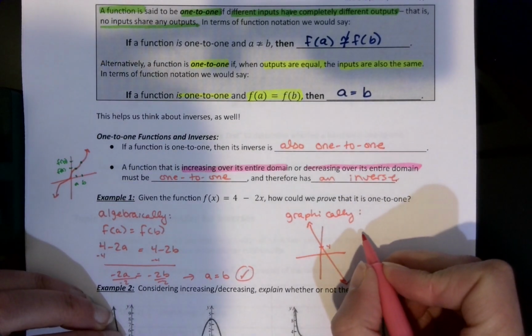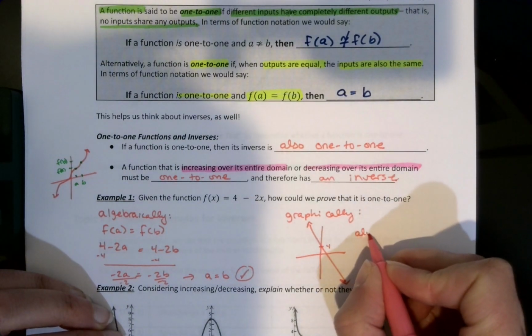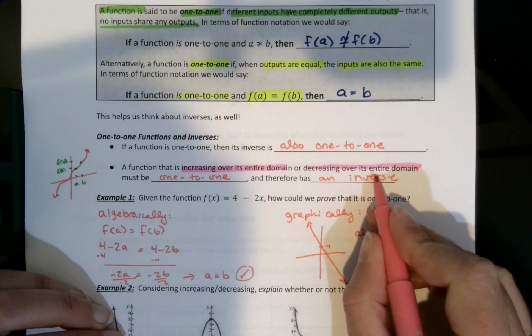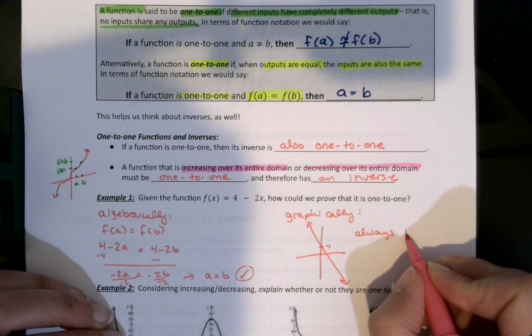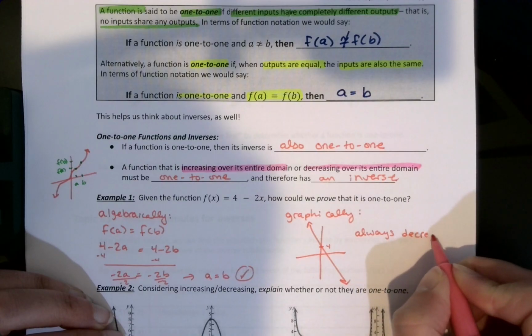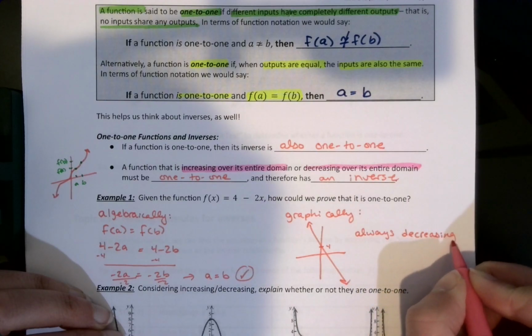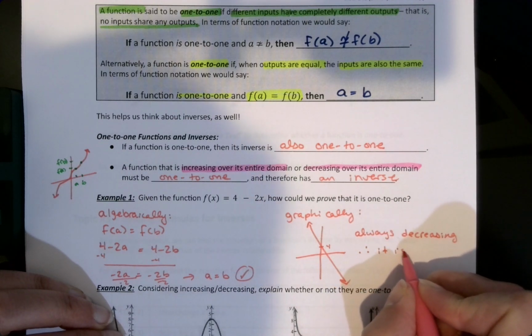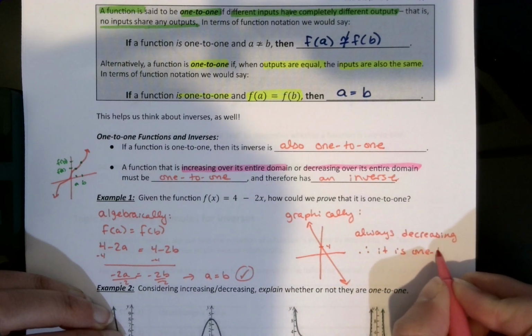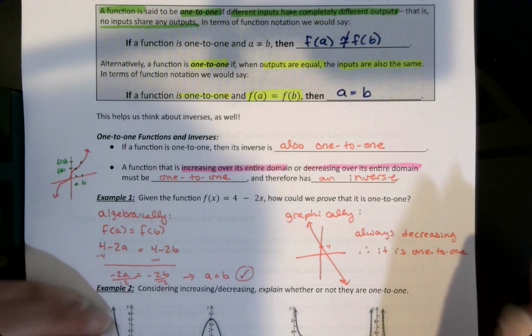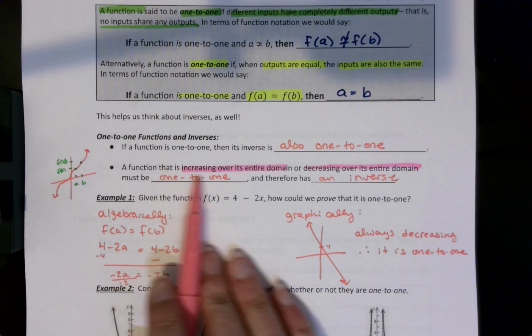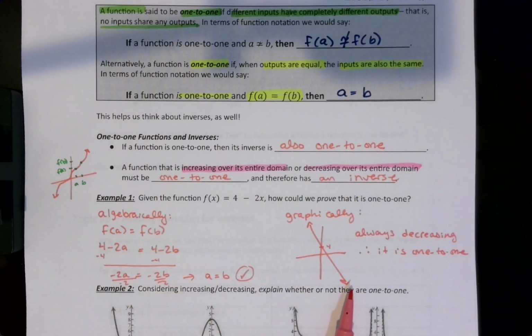I know that this is always decreasing, or decreasing over its entire domain, and therefore it is 1 to 1. So we can use the algebraic definition. We can also use a graphical definition if we're able to quickly rely on a graph here.